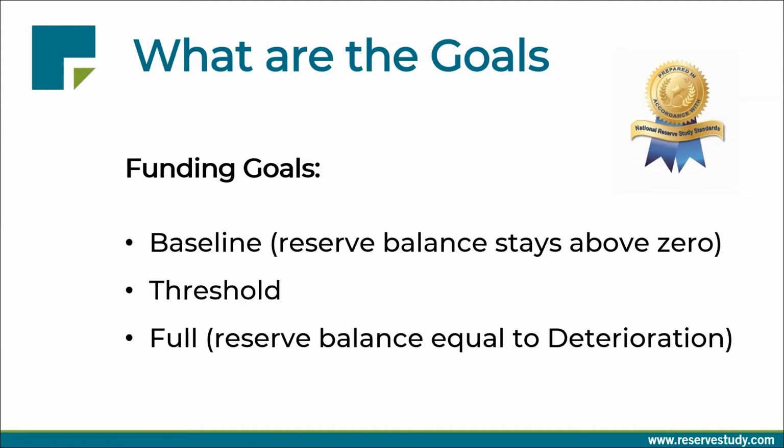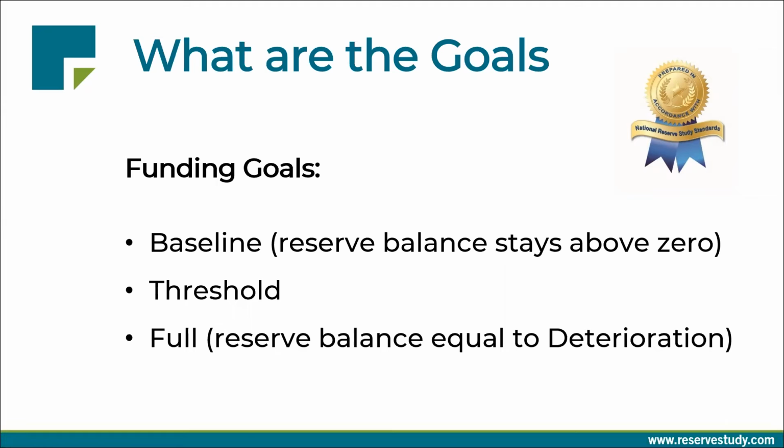Anyway, baseline funding is where your target is just keep the reserve balance above zero. Pretty simple, but remember, expenses are based on estimates, and Father Time and Mother Nature get a vote in your plan. So there's good reason to have a little bit of margin. And full funding is where the reserve balance, the cash in the bank, cash and savings, is equal to the deterioration around the association.